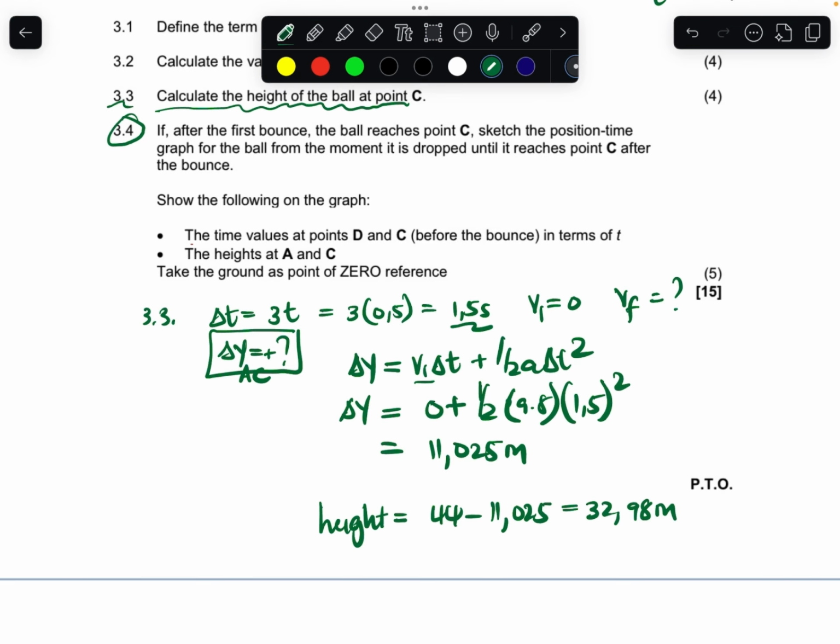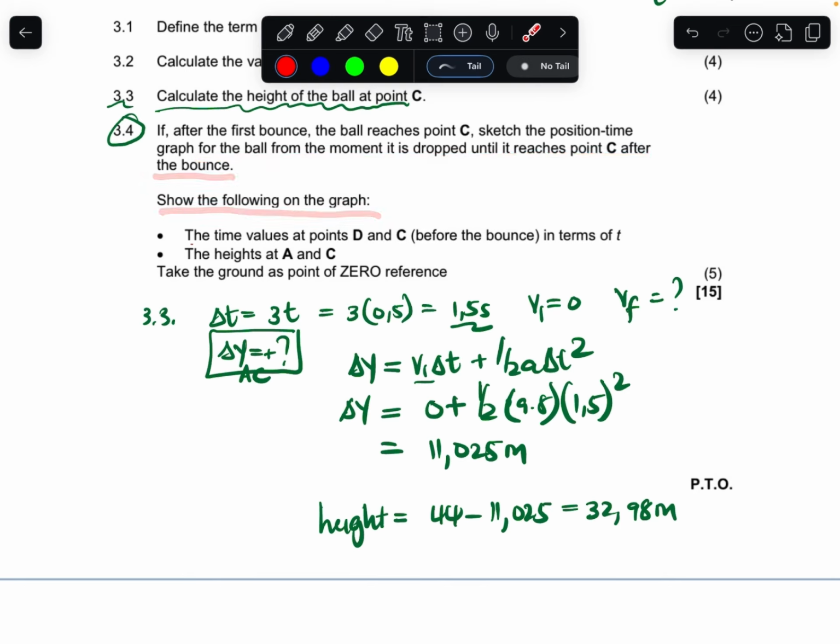3.4 says, if after the first bounce the ball reaches height C, sketch the position-time graph for the ball from the moment it's dropped until it reaches point C after the bounce.